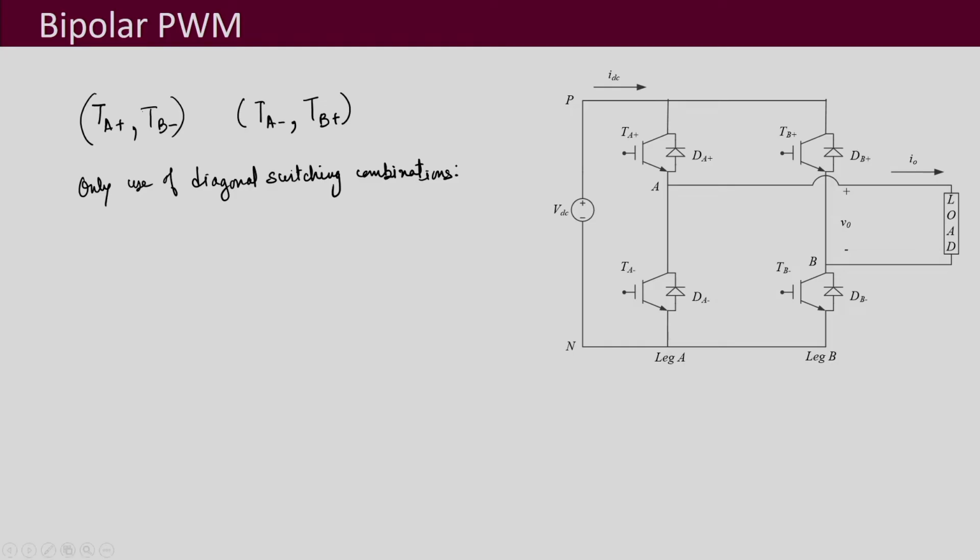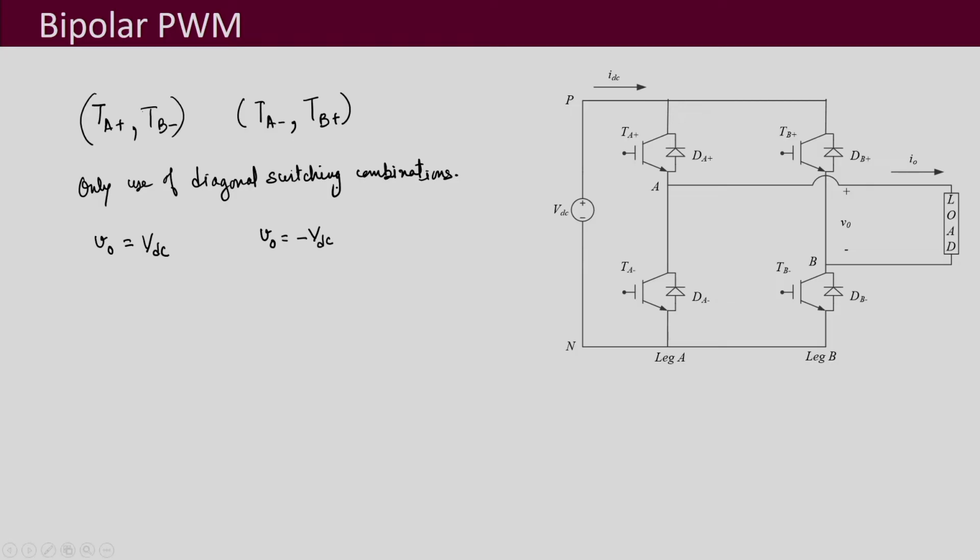Further, you may recall what the output voltage will be. Whenever we want VO to be equal to VDC, at that time the switches TA plus and TB minus are on, and whenever we want VO to be equal to minus VDC, at that time TA minus and TB plus are turned on.